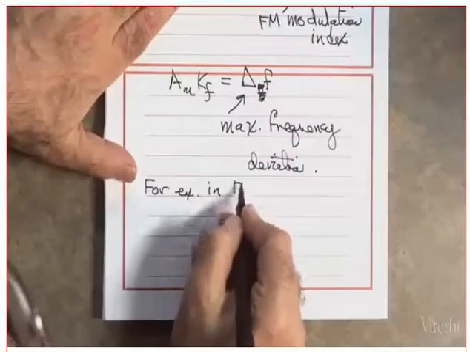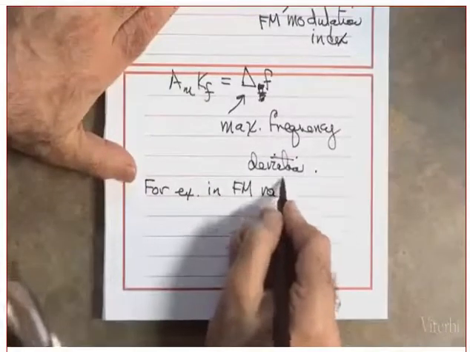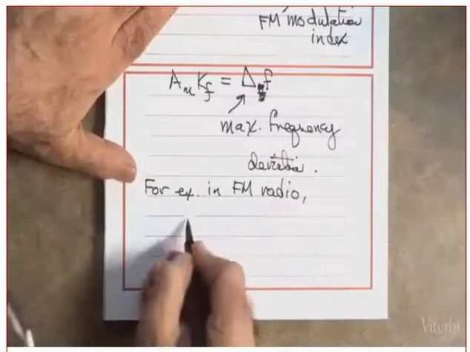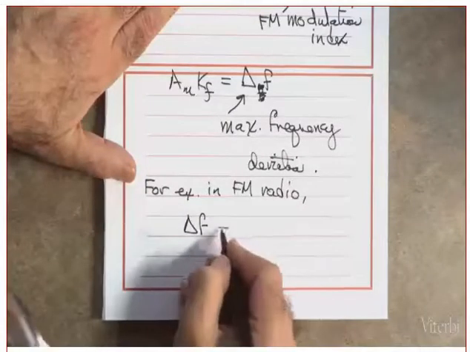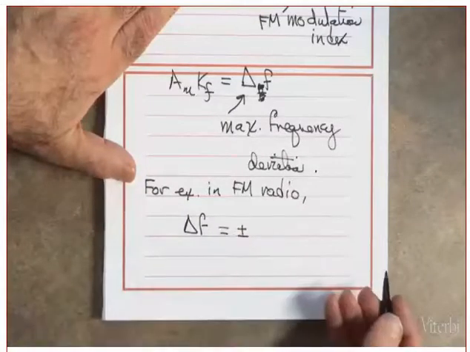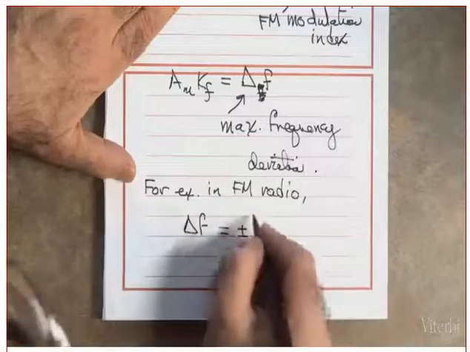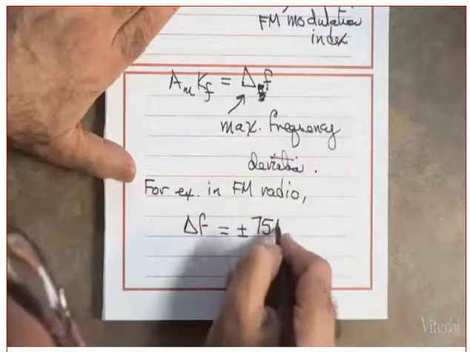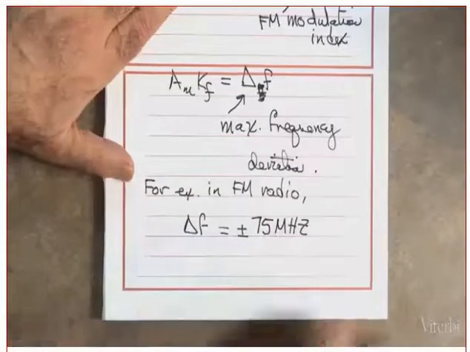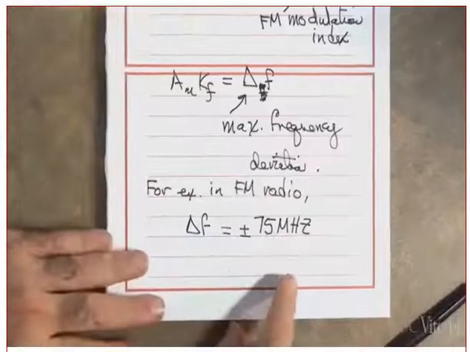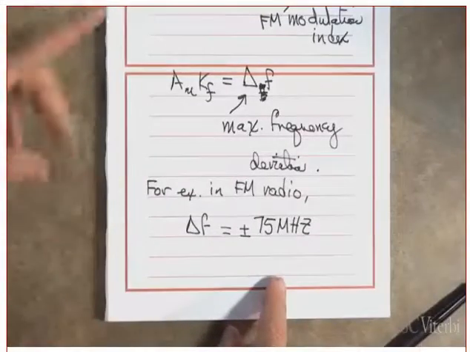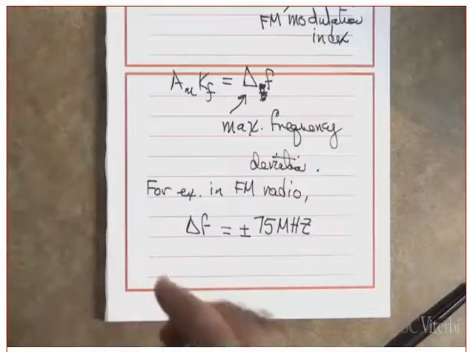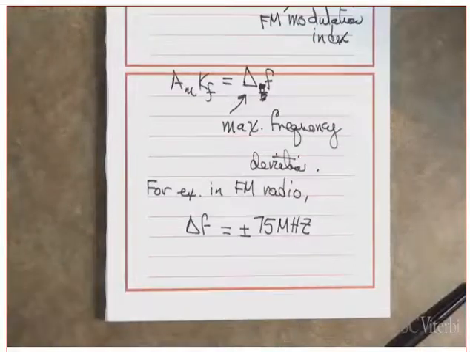in FM radio, anybody? When I say plus or minus 75 megahertz, what does it mean? 75 megahertz on one side, 75 megahertz on the other side.